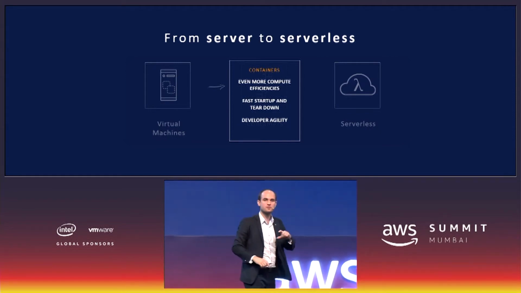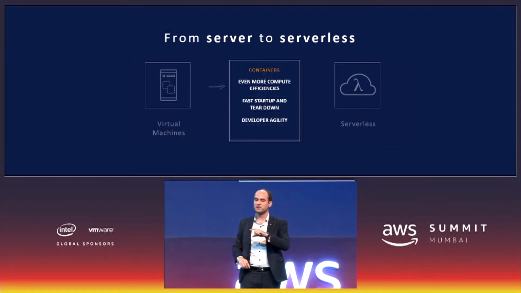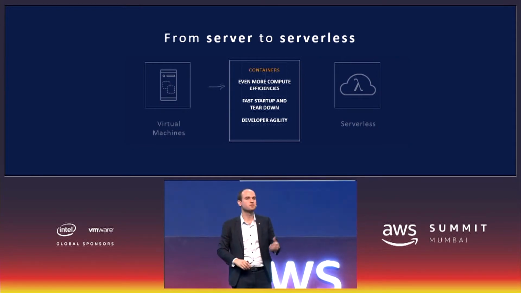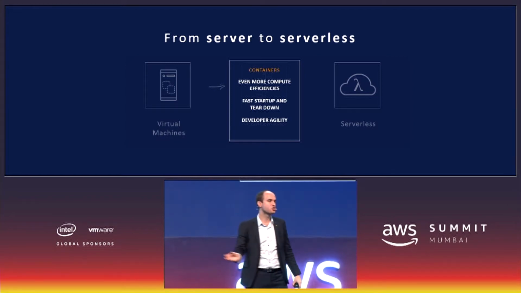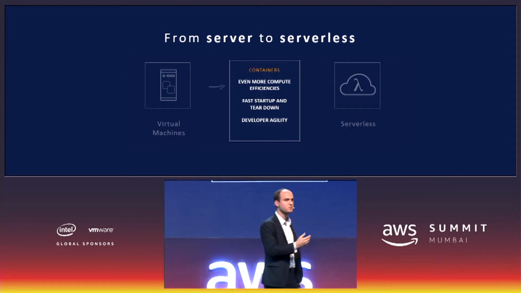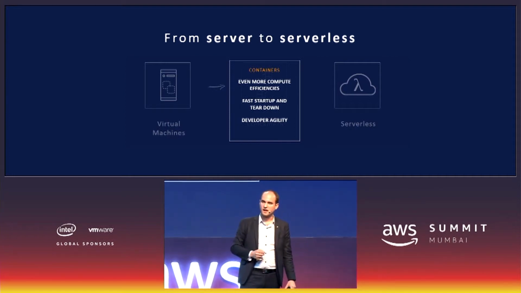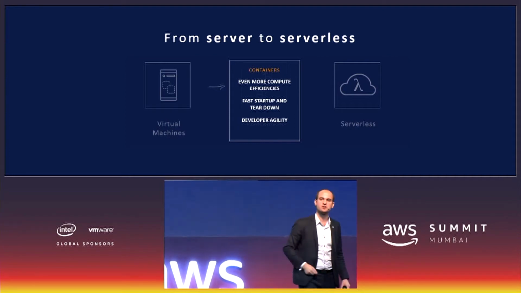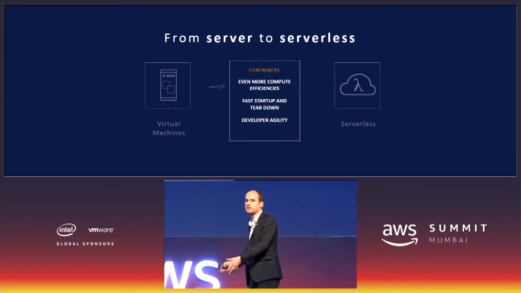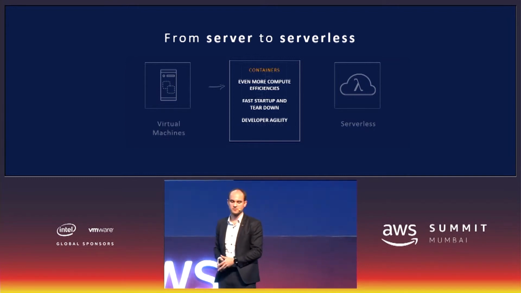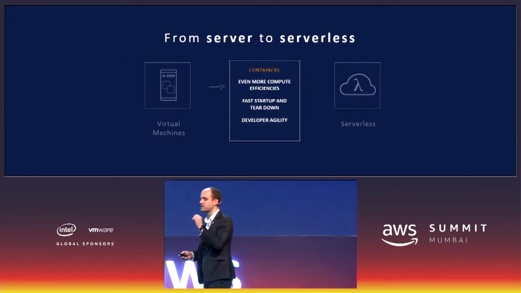So that was one of the reasons the open source community came up with the idea of containers. Package all your libraries and dependencies in a container and ship it out, and what runs on my laptop will run on a machine. Great. It also allows me to be even more efficient with the compute that I'm using. Fast startup of a container, fast teardown of a container. That gives developers extreme agility.